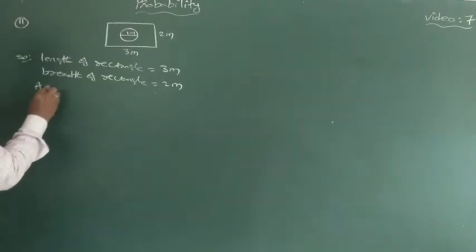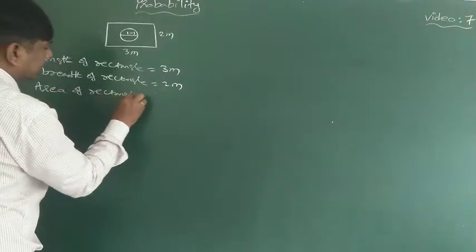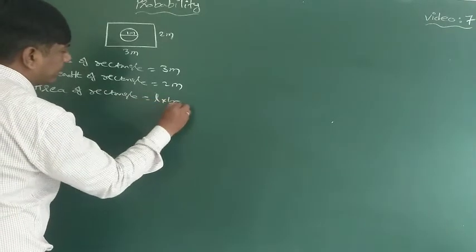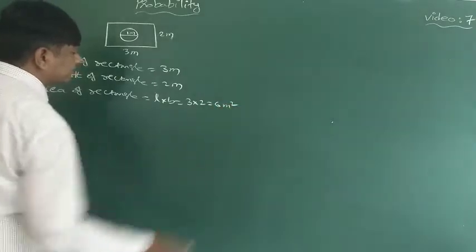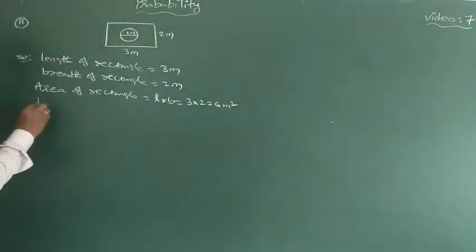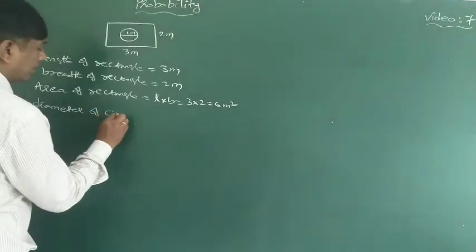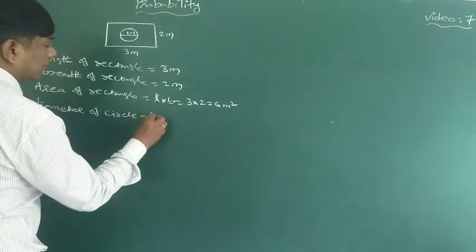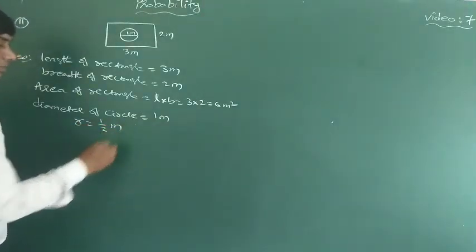Now, area of a rectangle is equal to L into B, that is 3 into 2, equal to 6 square meters. Now, diameter of the circle is equal to 1 meter, then radius is equal to 1 by 2 meters.